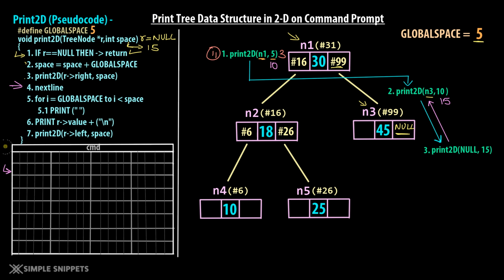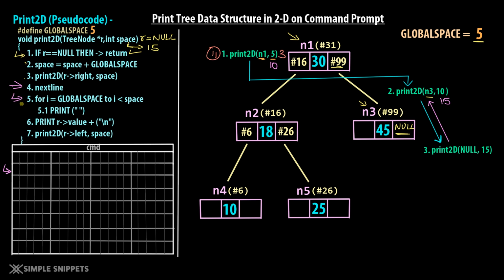Okay? So why did we do this? This is just for the visual representation of drawing a tree structure. Okay, that is the only motive of this line, and you will understand after we try a few more recursive calls how this next line impacts the design of the tree. Okay, alright. So step 4 is done.